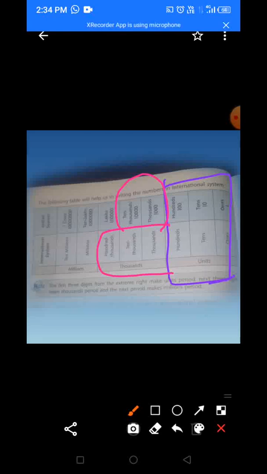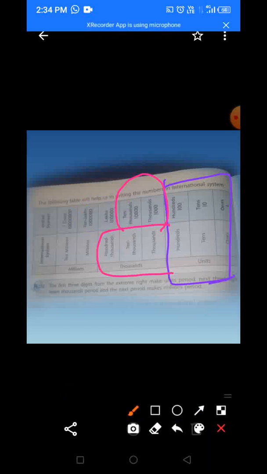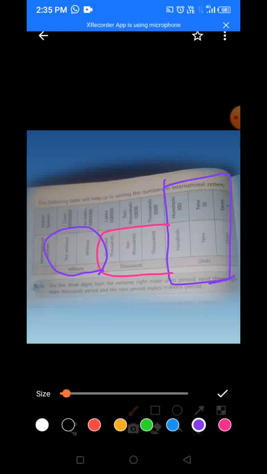And here then we'll start with the lakh period. But look here children, here will be the 1000 period and the other period they will have the millions. But here in the Indian system, what do we have?